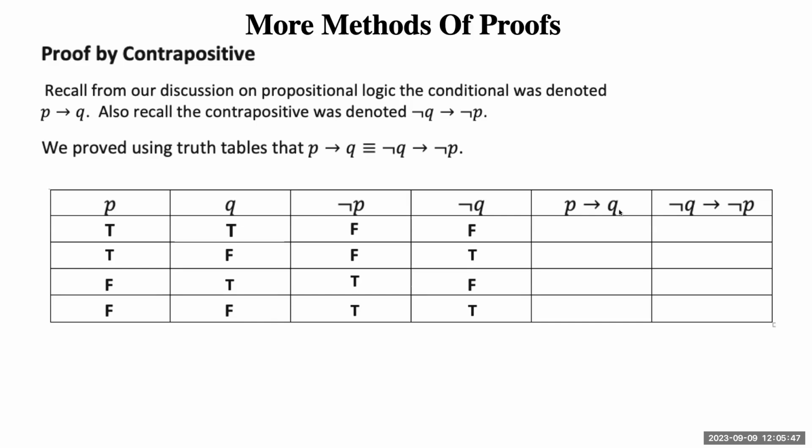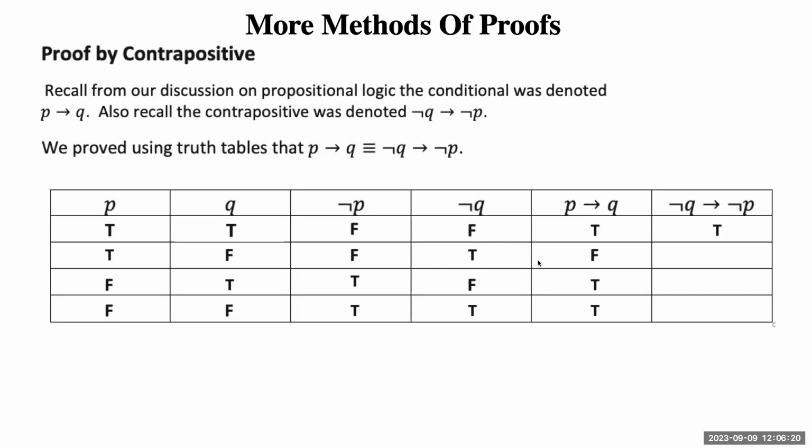Now we have P implies Q. True implies true is true. True implies false is false. False implies true is true. False implies false is true. And then not Q implies not P, which if you go to these columns, you'd be doing the not Q implies not P. So you look at false implies false, which is true.